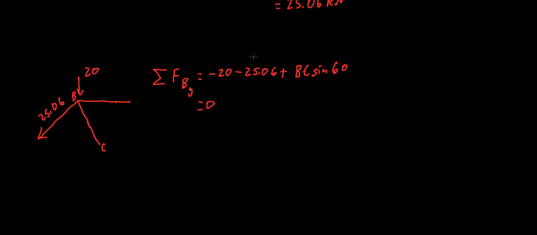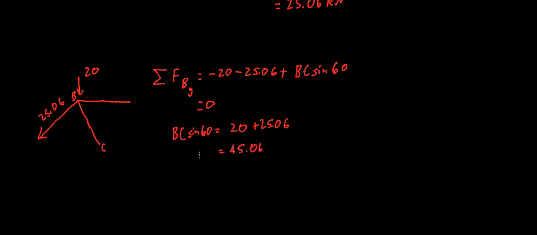Then we bring the 20 and the 25.06 around, and we end up with BC sine 60 is equal to 20 plus 25.06, which is equal to 45.06.